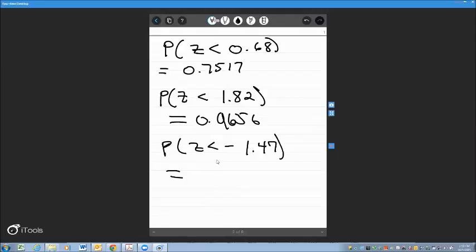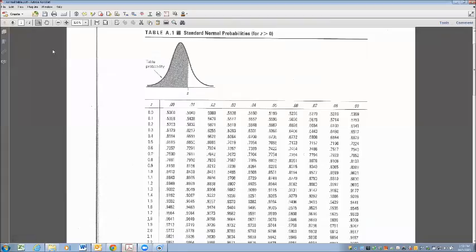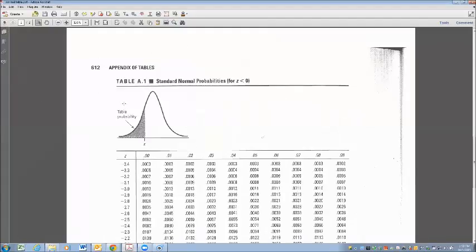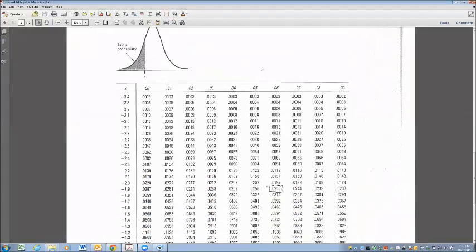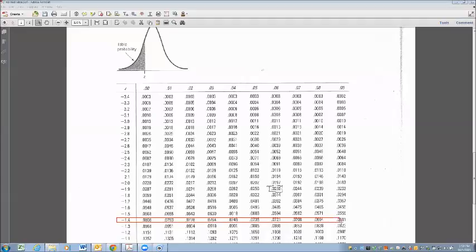What about being less than minus 1.47? It's the same process, but we'll have to use the other page of the table. We'll go to the minus 1.4 row.